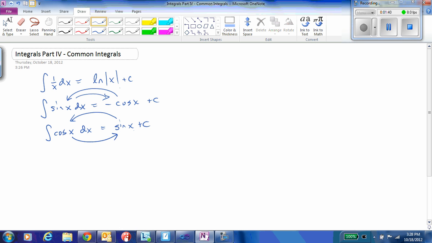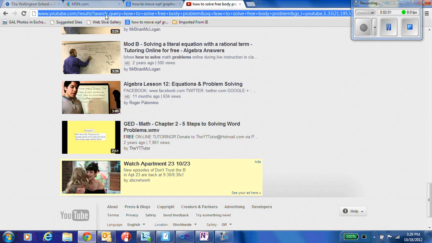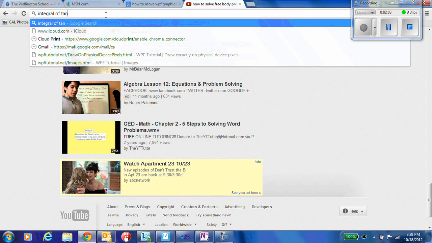The integral of tangent of x is an important one. The integral of secant of x dx is important. So we should find those. Let's see how easy it is to find those integrals. Let's go hop over here to, for example, the integral of tangent x.